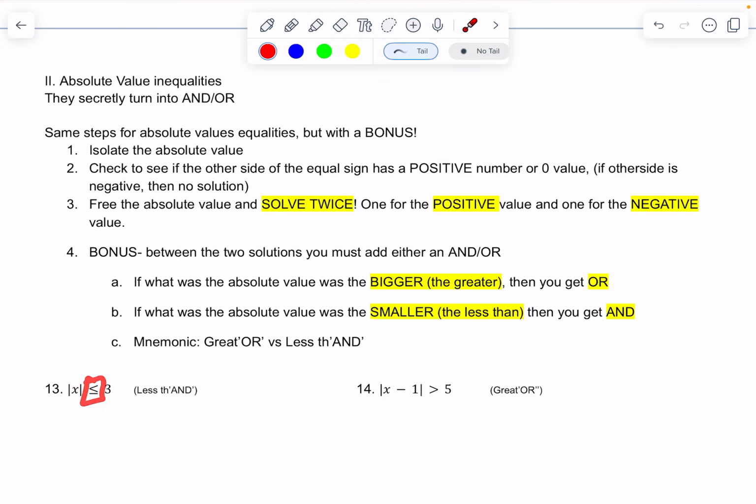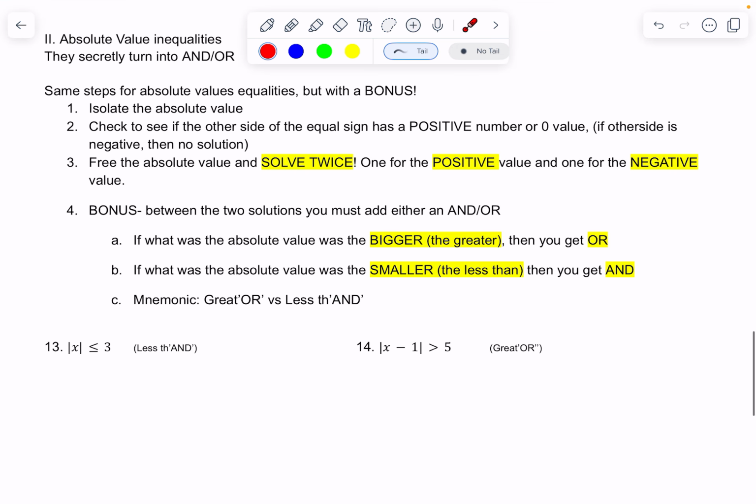Given that I set up my absolute values on the left side, this is going to be a less than. Less than. Key emphasis on the "and". So just like we said about breaking your absolute values, you're going to have a positive and a negative version. x is less than or equal to 3, and x is less than or equal to -3.